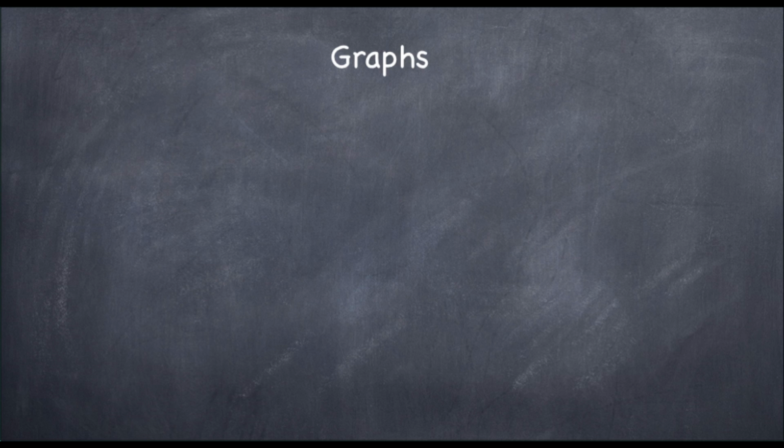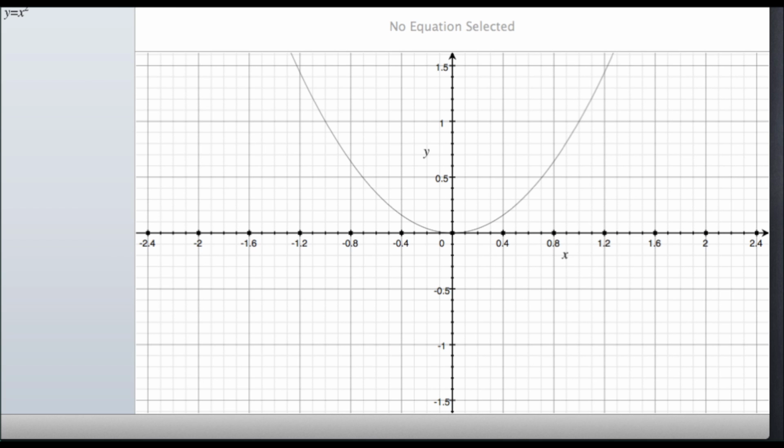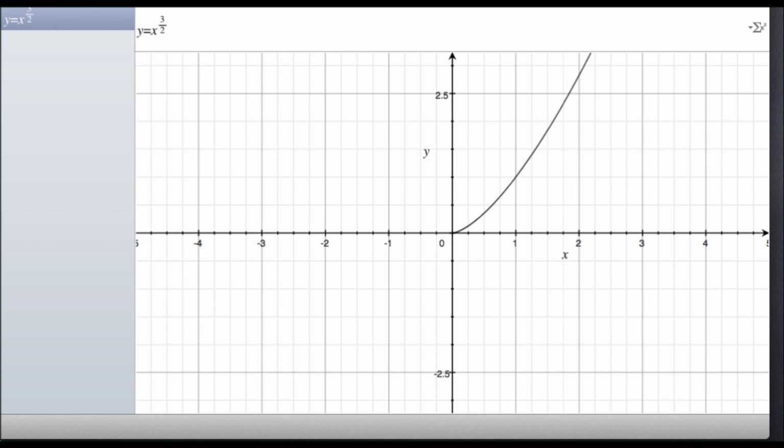You can have lots of fun playing with graphs, especially in the graphic calculator where it does it quickly for you. You can say almost any random thing. You can say x cubed divided by 3, so x to the power of 3 on 2. You get this funny graph. You can do many different things, and it's a bit of fun to play with.